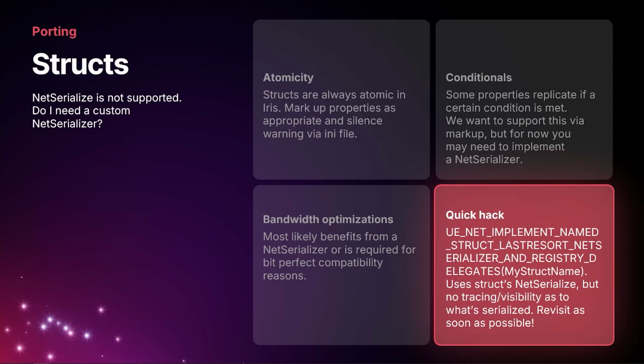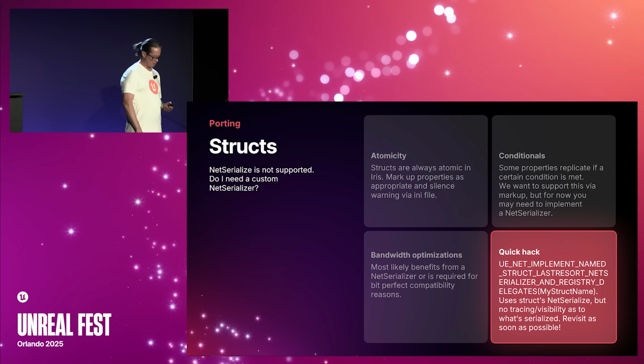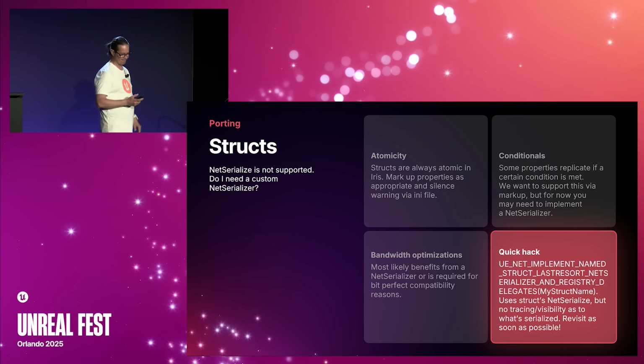But you're not getting any of the benefits of Iris, and we shoehorn your serialization into Iris. You won't see in the network insights or anything what you're actually replicating in there. But it's there.